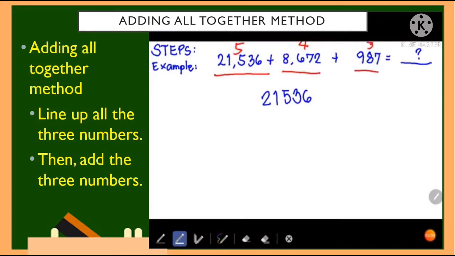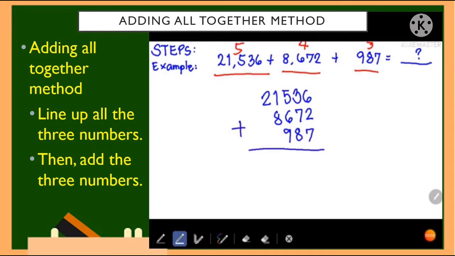So they are not the same. So therefore, we will use our rule to make sure that we can align them. Okay? So we will put first here 2, 7, 6, and then 8. Correct? And then the third number, which is 7, 8, and 9. And of course, do not forget our symbols.